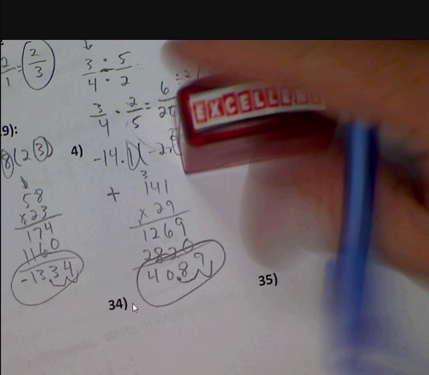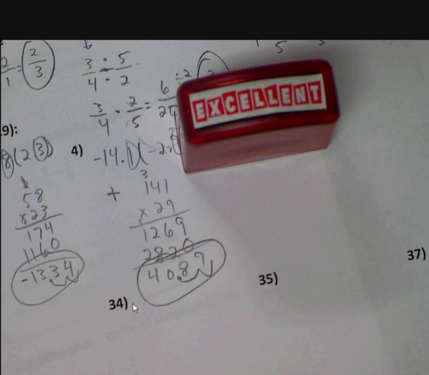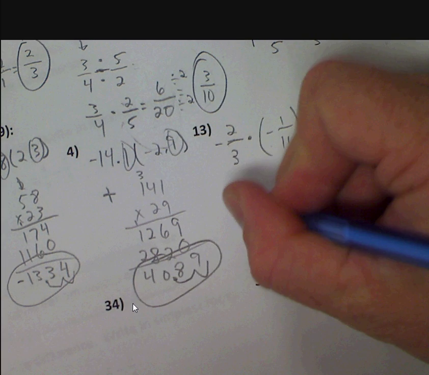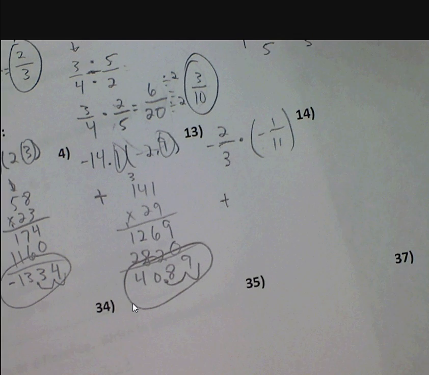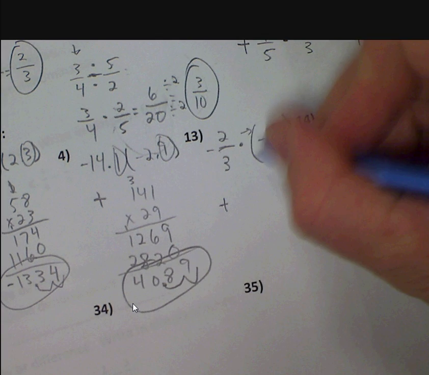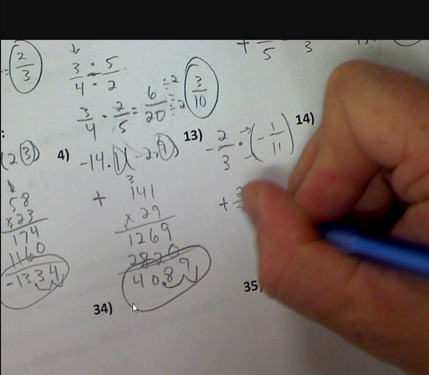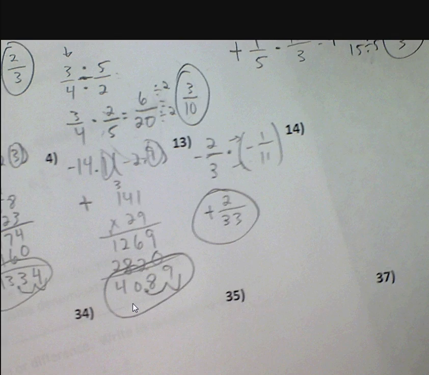Pause the video and try. 2 negatives make a positive because it's an even number. Now I can go ahead and multiply straight across. 2 times 1 is 2. 3 times 11 is 33. 2 over 33 would be my final answer.